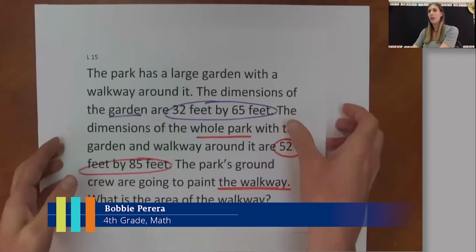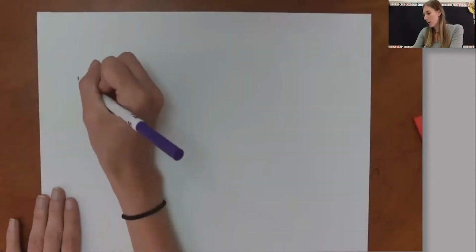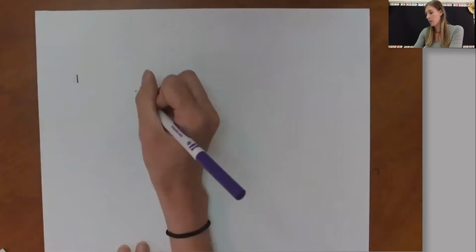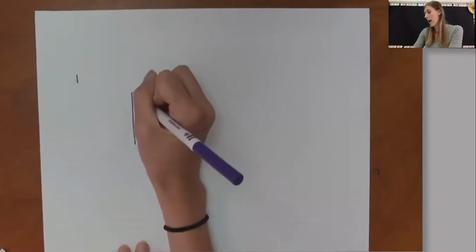Draw with me. First, I'm going to draw a rectangle to represent the garden. So I'm going to draw a pretty big rectangle here. But I know that the walkway is going to go around the garden. So the garden rectangle doesn't need to be quite as big.